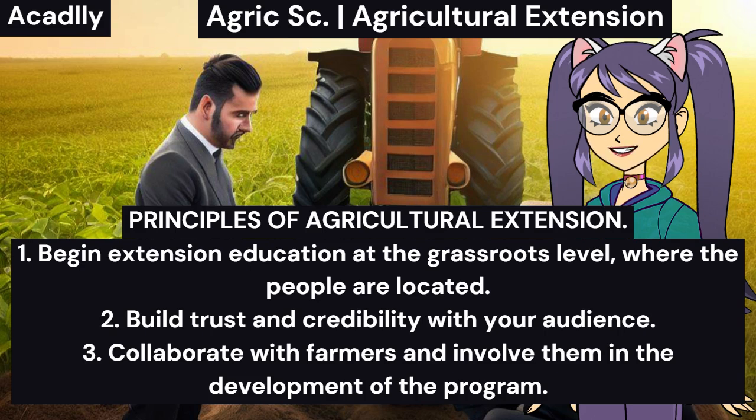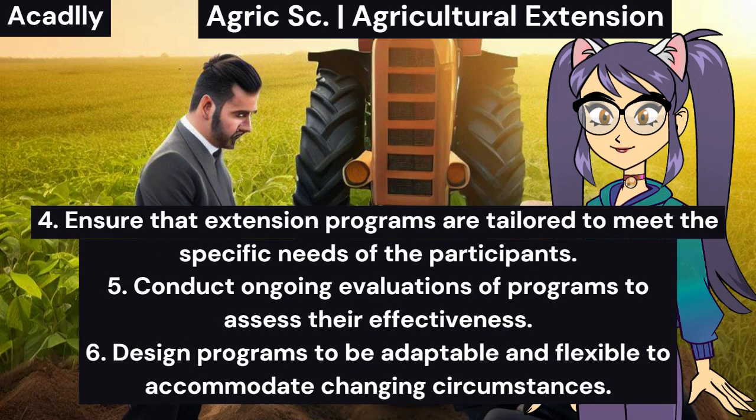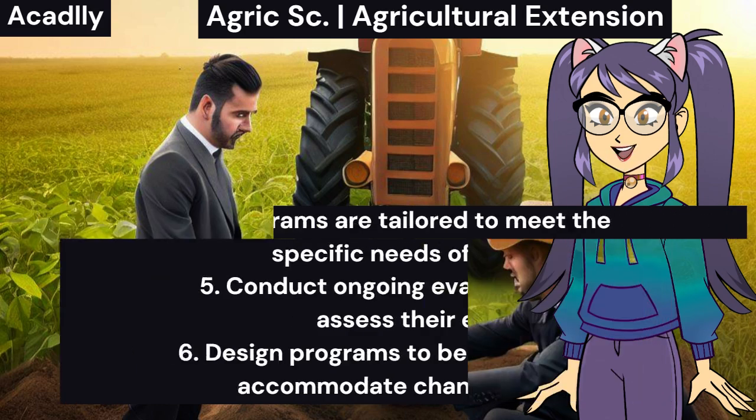Collaborate with farmers and involve them in the development of the program. 4. Ensure that extension programs are tailored to meet the specific needs of the participants. 5. Conduct ongoing evaluations of programs to assess their effectiveness. 6. Design programs to be adaptable and flexible to accommodate changing circumstances.